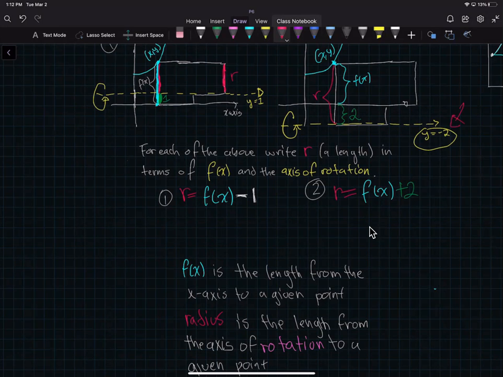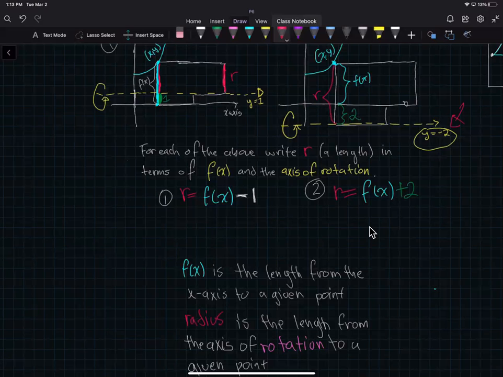So I'll be using f of x minus, because my r is smaller than my f of x. When r is bigger than your f of x, then you're adding the extra length that you have. So depending on the different problem that we're using, we're adding or subtracting, depending on which one makes sense. So now let's look at a specific problem.